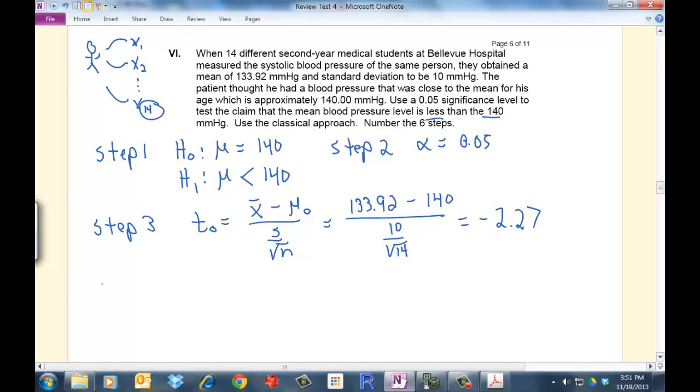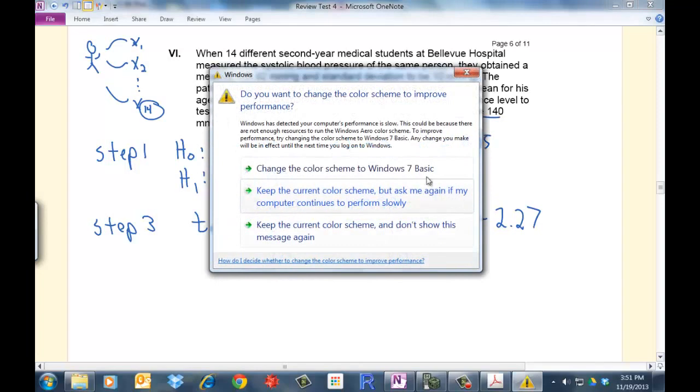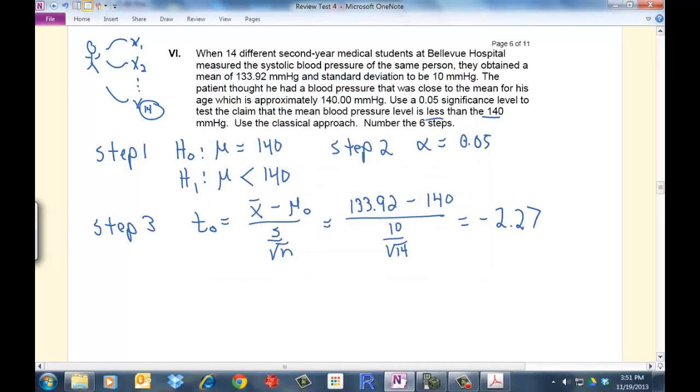Okay, so we get the test statistic is minus 2.27, which means that this measurement here is exactly 2.27 standard deviations below what it should be. And again, we know that the more standard deviations the actual statistic is away from the parameter, the stronger the evidence in support of the researcher's hypothesis.